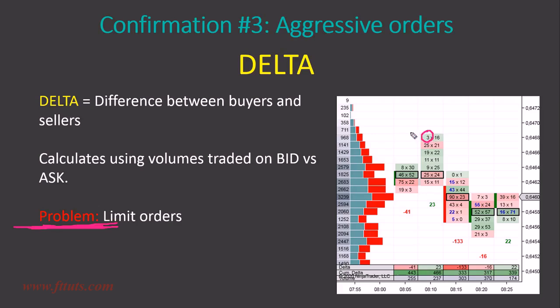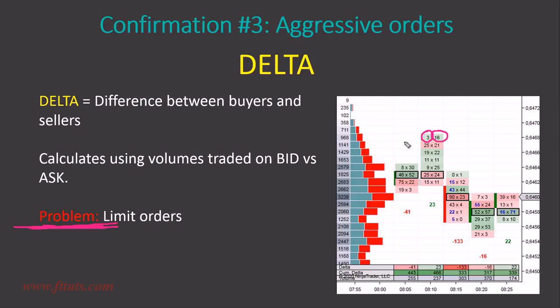And if you enter a short trade using a limit order, it will show in here. So it's exactly the opposite as if you are using market orders. And this single thing messes the delta up. All right, so that's the reason why delta isn't the holy grail, because if people are using limit orders, then the information delta is giving you is very distorted.